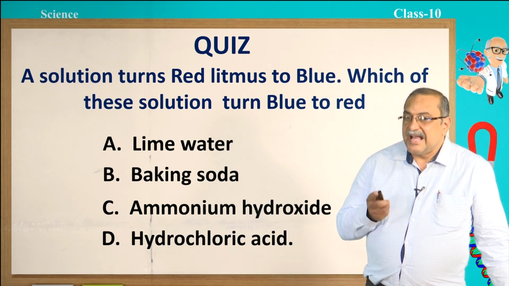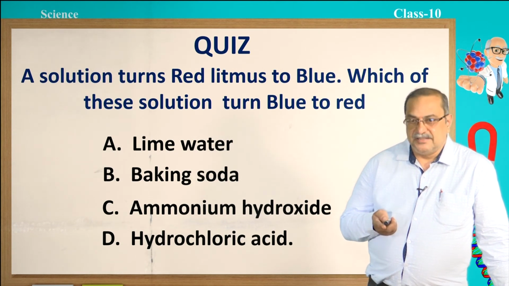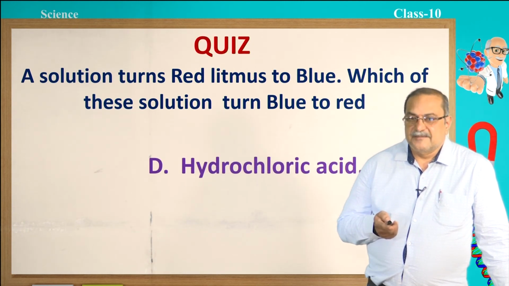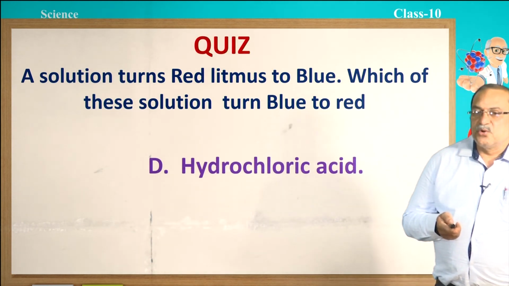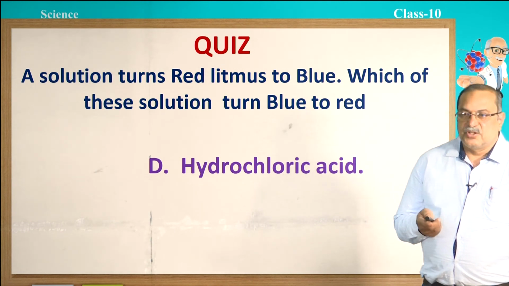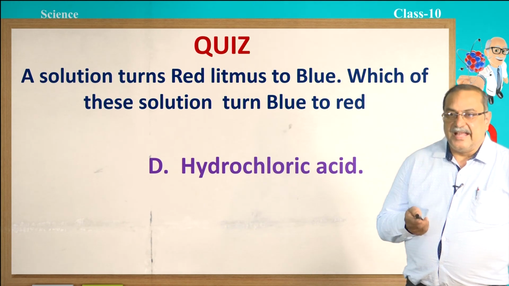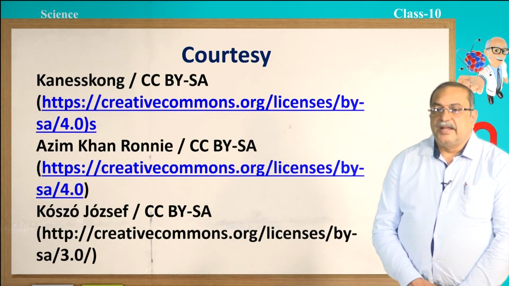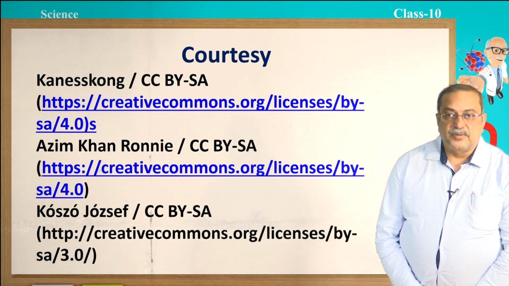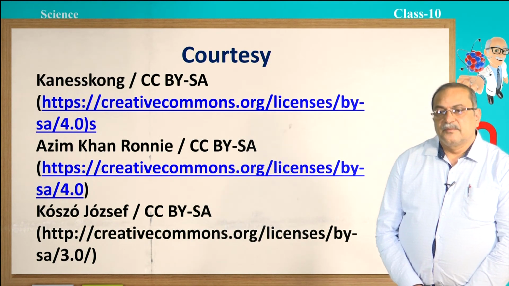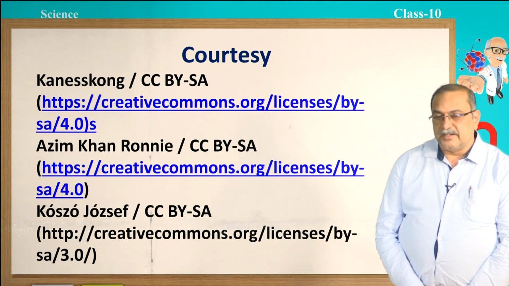Clear? No? Acid will turn blue to red. Clear? Okay. That is, hydrochloric acid is the option. I did not give you time, I told the answer also. So, hydrochloric acid.